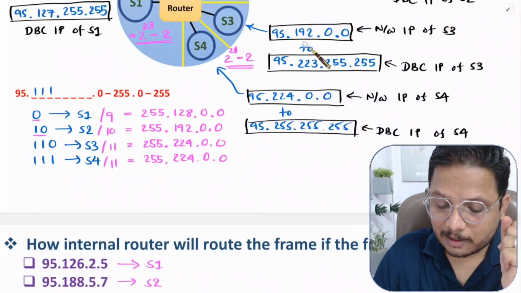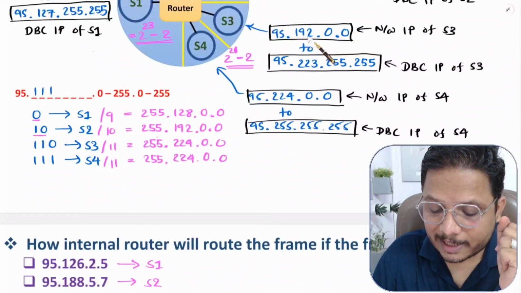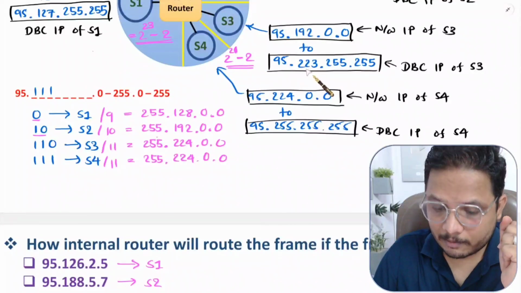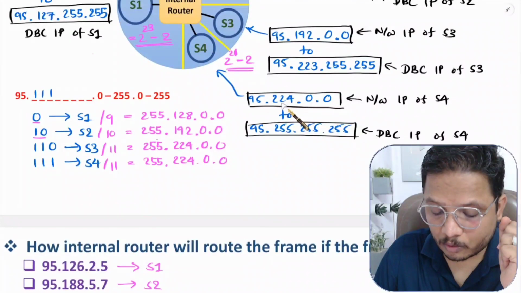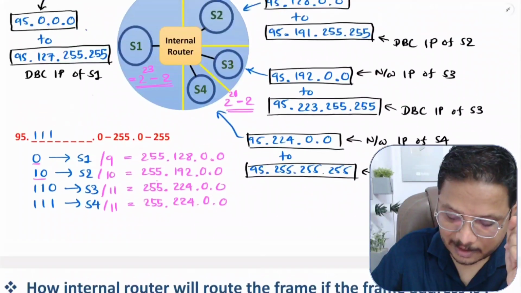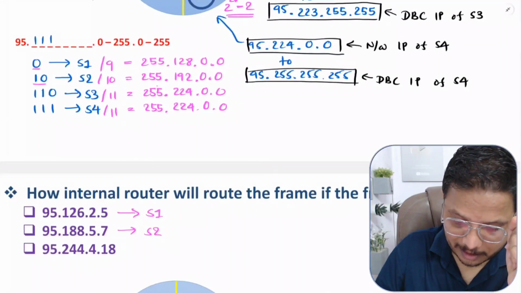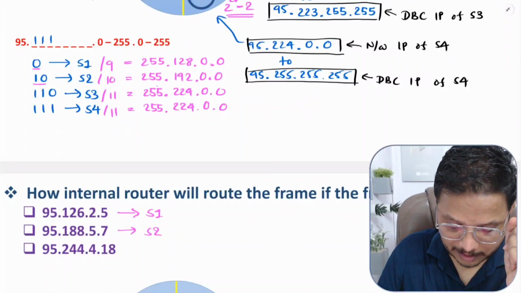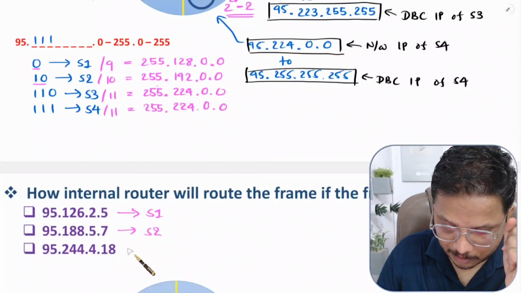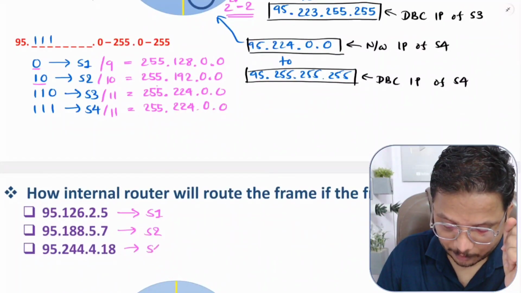With S3, the second octet range is from 192 to 223. And with S4, the second octet range is from 224 to 255. So in this situation, you will have to see: here it is falling between 224 to 255, so you can say 244 belongs to S4, right?